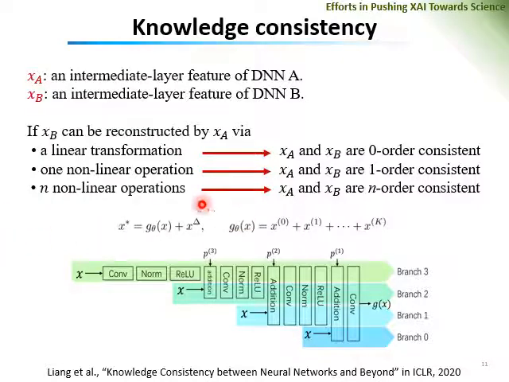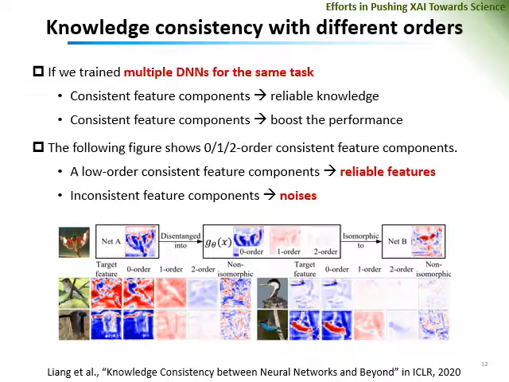X delta indicates the inconsistent feature component. And we find that the consistent feature component usually indicates reliable features, and we can use the consistent feature component to further boost the performance.